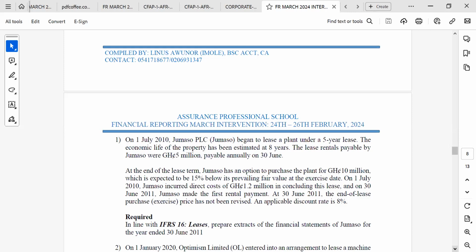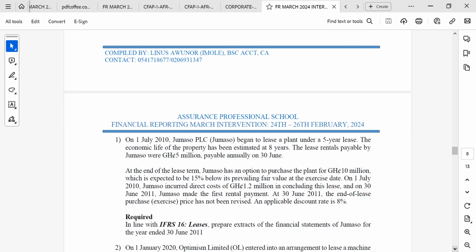And the lessor has no right to replace the assets. So the asset will be there for the lease period. There will not be any replacement of the assets. The lessee will have an option to purchase the asset after the lease period, or the ownership of the asset will pass on to the lessee after the lease period.